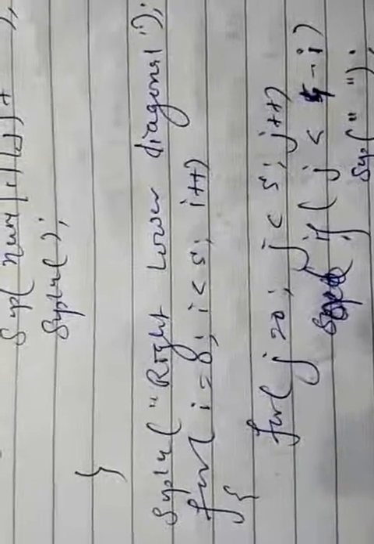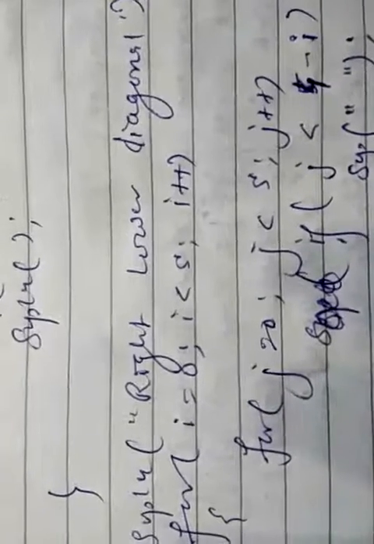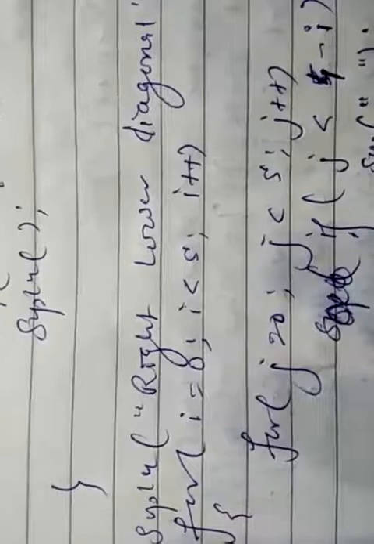Now this is the code for the right lower diagonal. i equals 0, i is less than 5, i plus plus, j equals 0, j is less than 5, j plus plus. And here we require one condition: if j is less than 4 minus i. So 4 minus i will be 4 in the first case, and the value of j is 0.